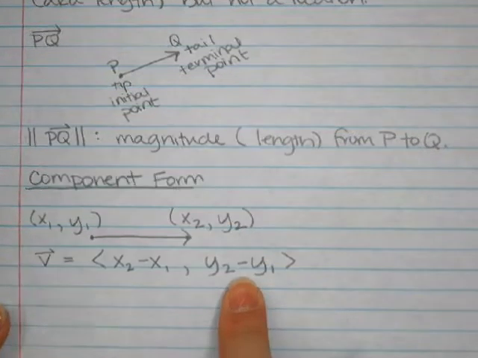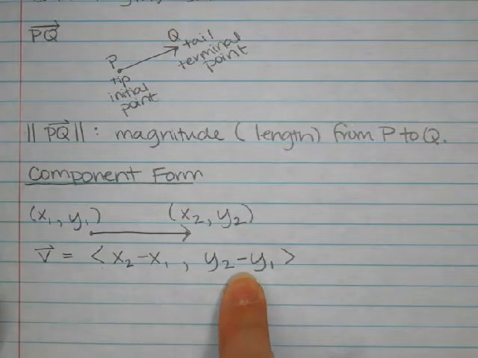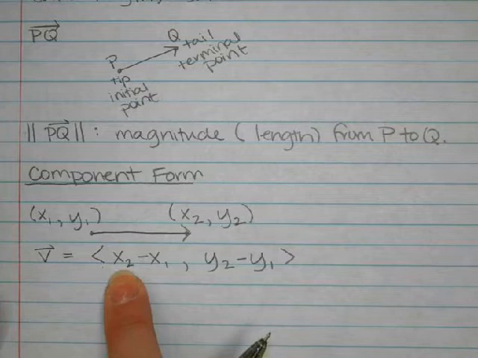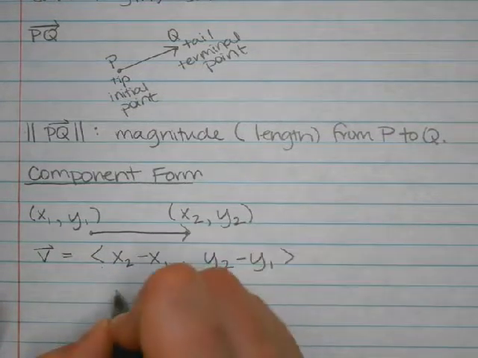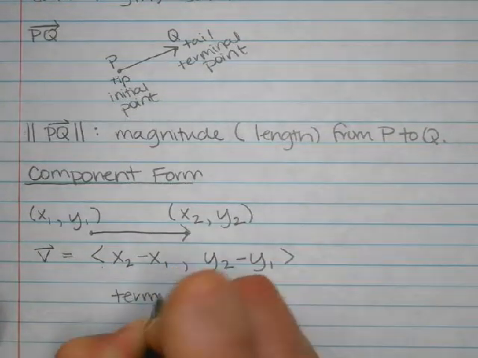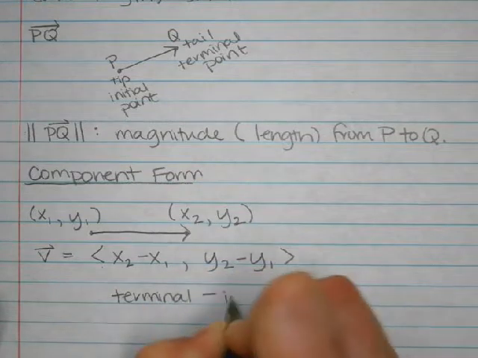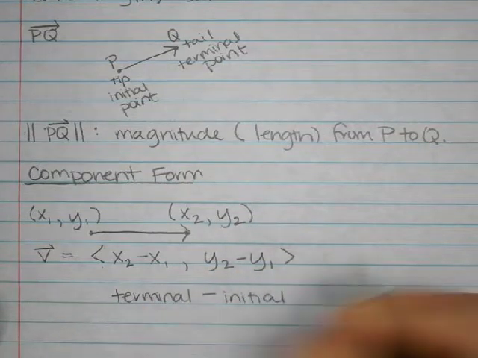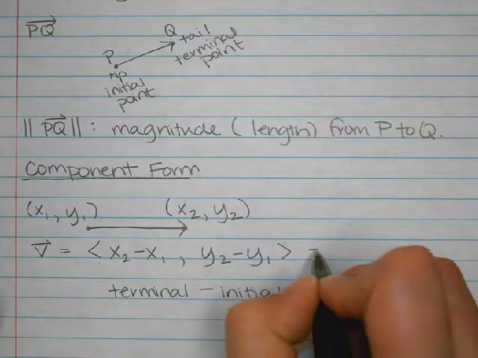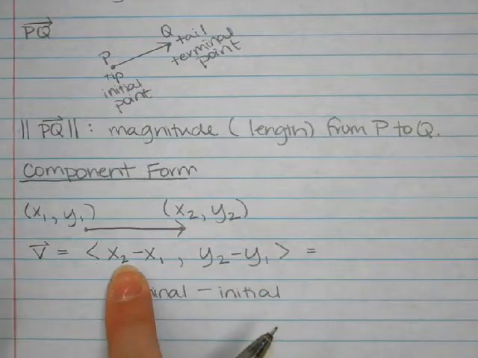So whenever we do this, we're always going to do the end point or the terminal point minus the initial point. So terminal point minus initial.